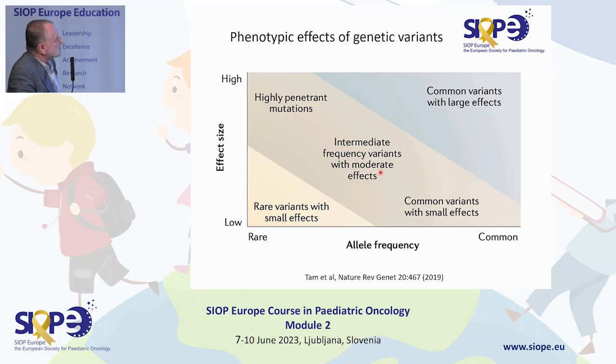And this refers to normal genetics, but it's also true, of course, for cancer tissues, that you have different types of genetic variants, high ones with high penetrant mutations, which are the Mendelian disorders, rare variants with small effects, and common variants with small effects, and all the different types of mixture. So you need a particular pattern, usually, not only a single gene which makes an effect.